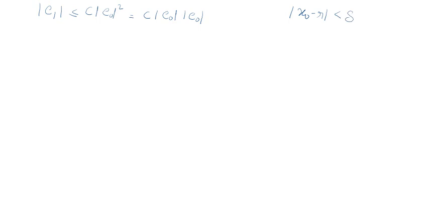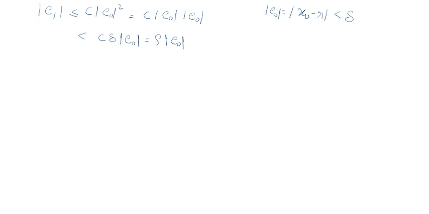This means mod of e naught is less than delta. So this is less than c times delta times mod of e naught, which equals rho times mod of e naught.